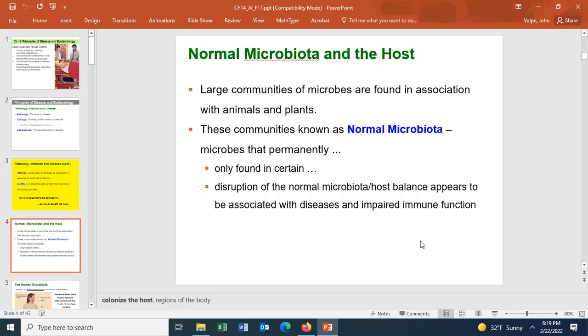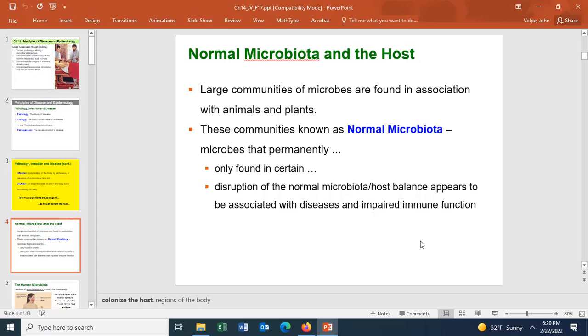And that is something that we frequently see when we put a patient on antibiotics, where they may develop diarrhea or constipation simply because the antibiotic disrupts the normal microbiota host balance.